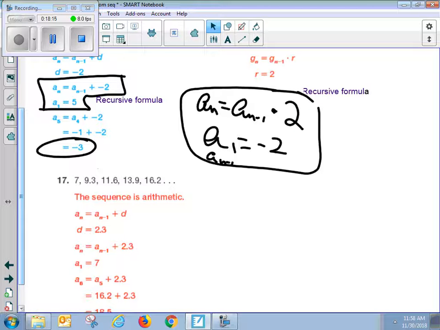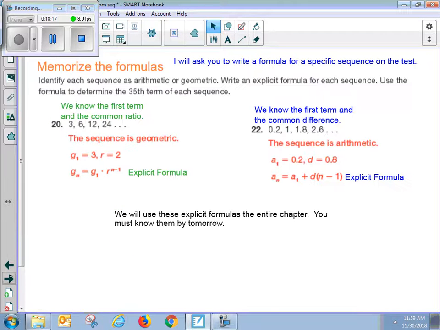Okay. So the explicit is my favorite because it serves more purpose. On the example up there, number 20, 3, 6, 12, 24, what are you doing? Yell it out, quick. Multiplying by 2. So if you're multiplying by 2, it must be geometric. So the first thing it says is say what it is. It's geometric. When you go to write your formula, on the test, your part A would be derive the formula for this problem.